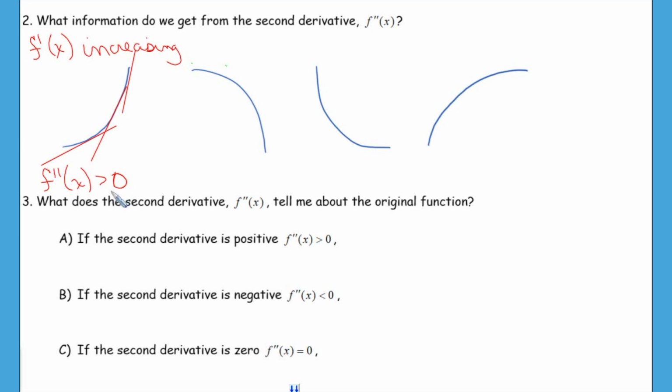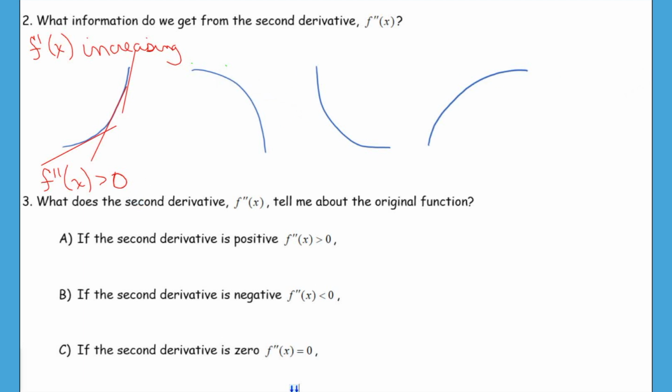Remember how we talked about in the last section that greater than 0 means positive? So I'm going to say this statement again. When f prime is increasing, its derivative is positive. Same thing when we said when f was increasing, its derivative f prime was positive. That relationship will continue on throughout the derivatives.